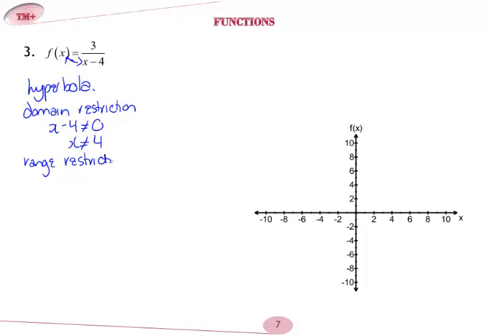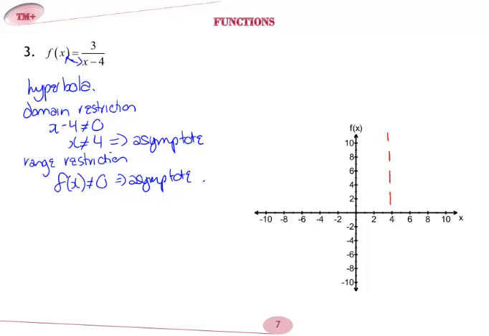Hyperbolas do have x and y asymptotes, so x can't equal 4, that's my one asymptote. By swapping these around, I also know that f of x can't equal 0, which is my other asymptote. So if I label those asymptotes on here, I use a dotted line, x equals 4, and my other one's on the axis, so I'm using a different colour so it stands out, f of x equals 0.